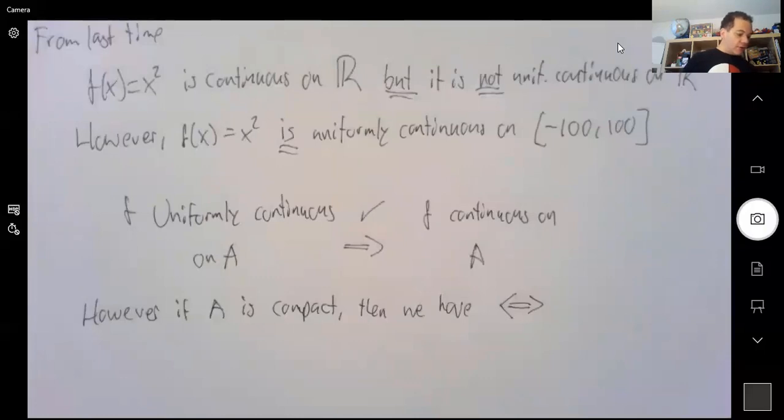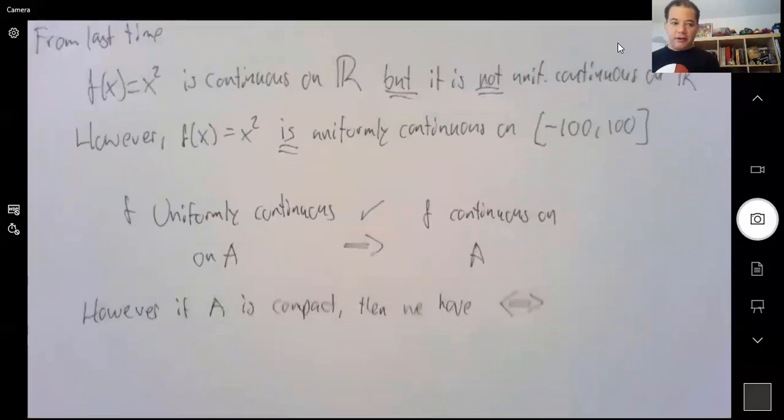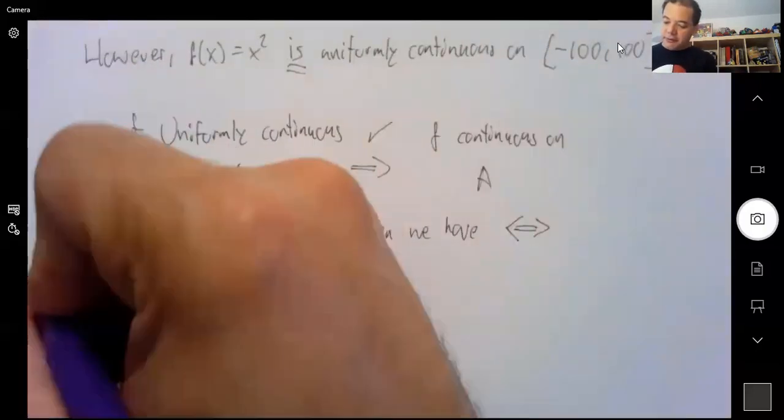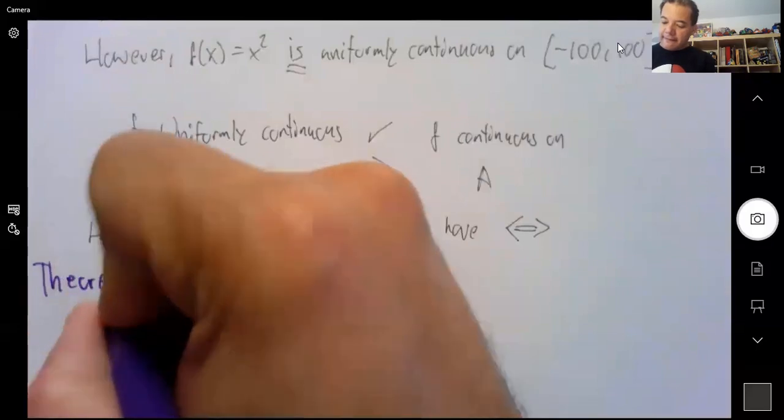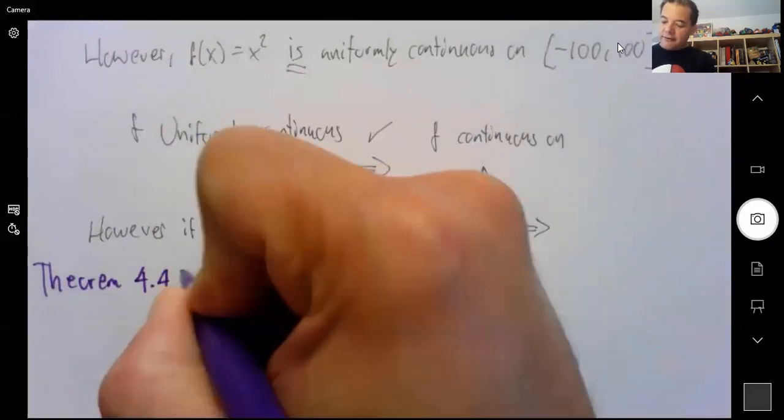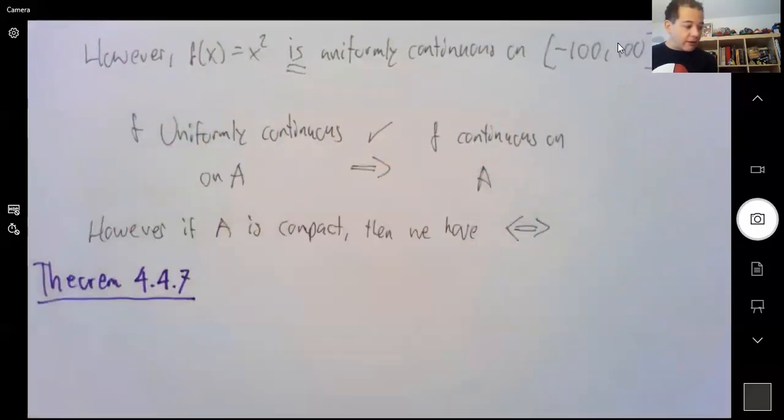In the book, this is theorem 4.4.7, uniform continuity on compact sets.